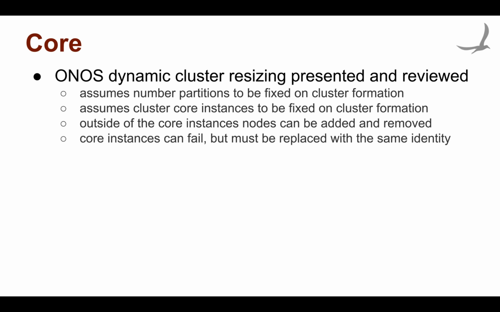Additionally, we talked about how we can pin the metadata service to a static partition, as part of the ONOS cluster itself. And as we add and remove nodes, we basically add them around it. So the idea is that this particular partition that hosts the metadata store will remain static.